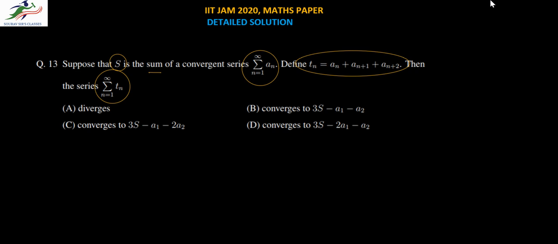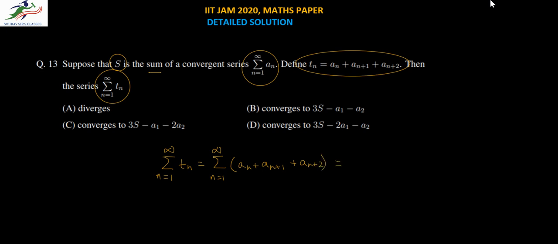So this one will mean that we are trying to find the sum of n equal to 1 to infinity Tn, which is equal to the sum of n equal to 1 to infinity. In place of Tn we write a(n+1) plus a(n+2).